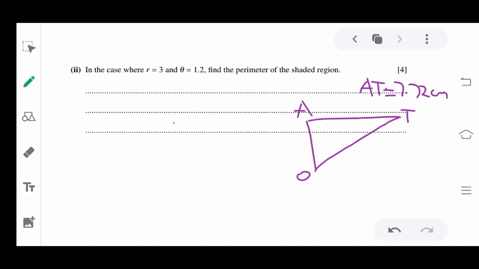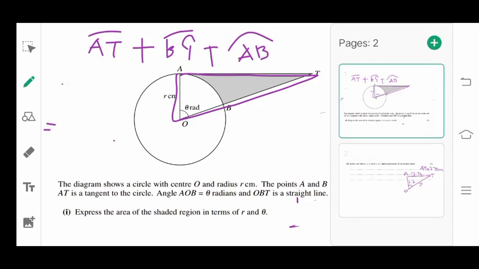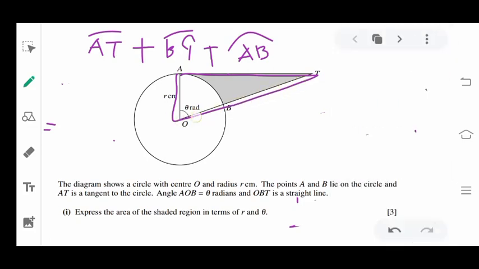So in this triangle already we found AT as 7.72 and this angle is given as 1.2 radian, and if we know the length of OT, from total OT, if we subtract the radius OB, we get the length of BT.